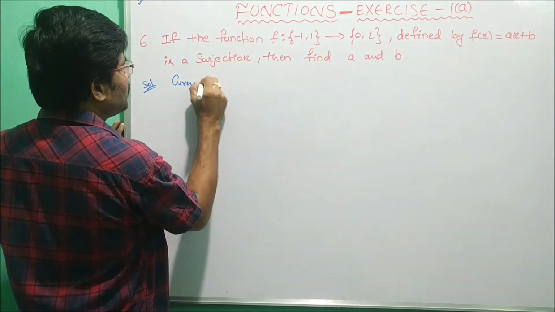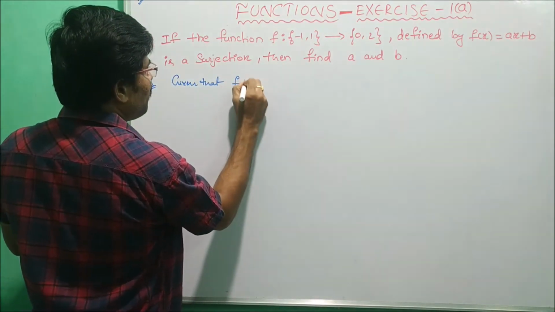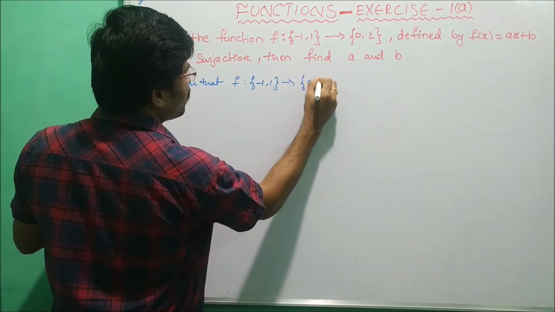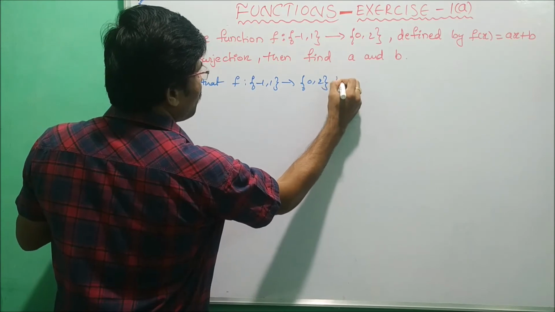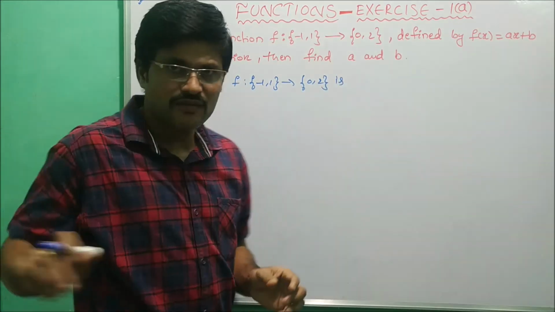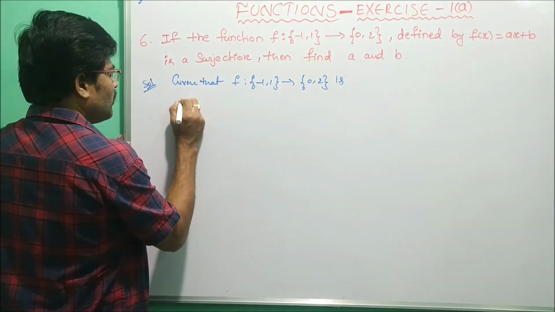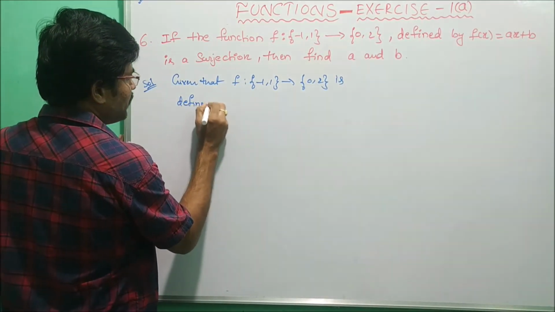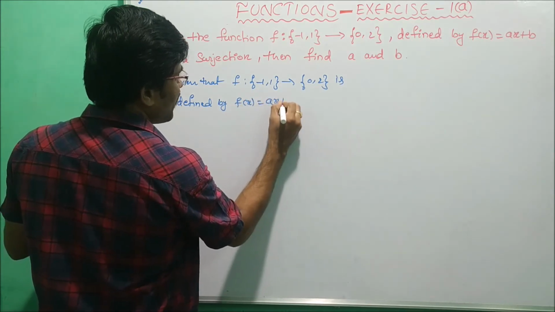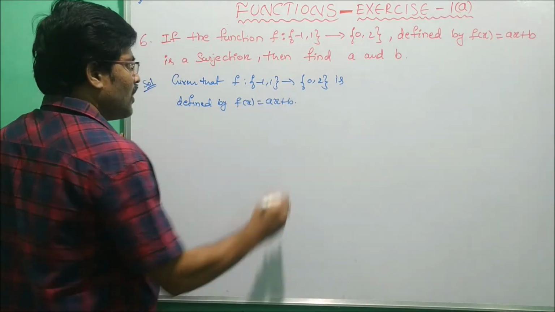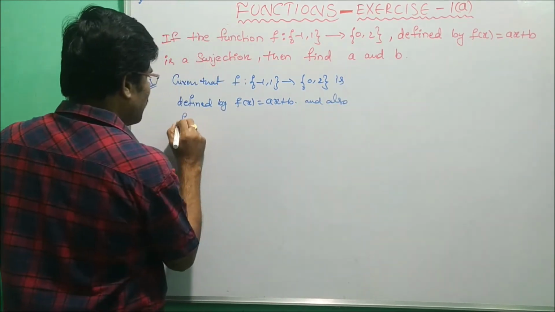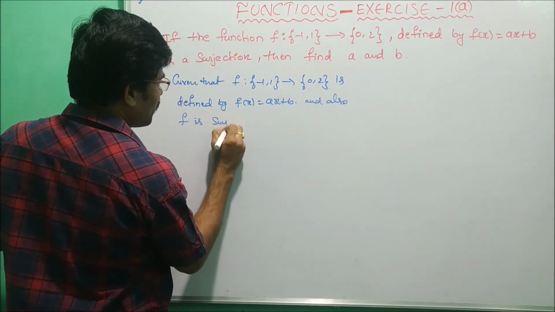Given that f from the set {minus 1, 1} to {0, 2} is defined by f of x equals to ax plus b, and also f is a surjection.